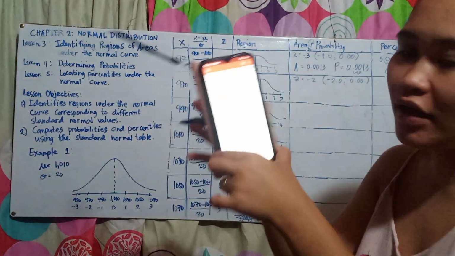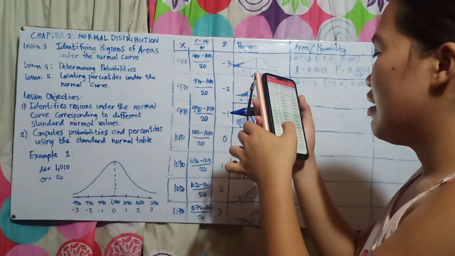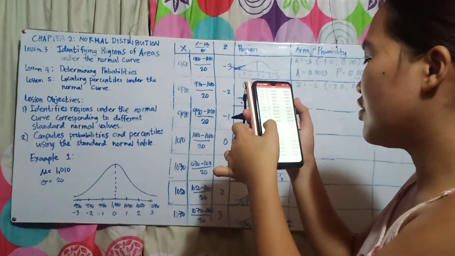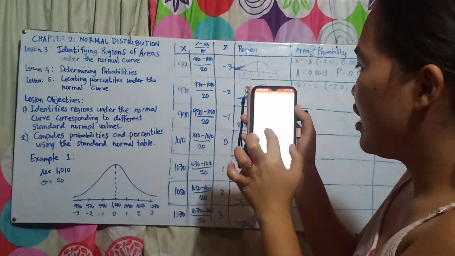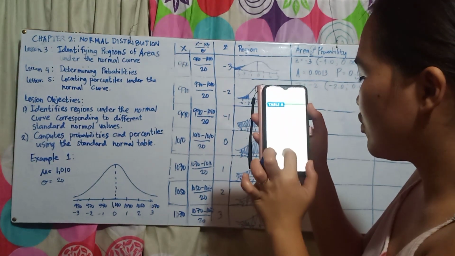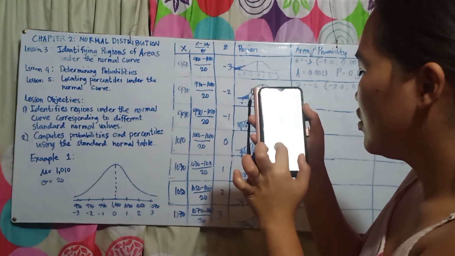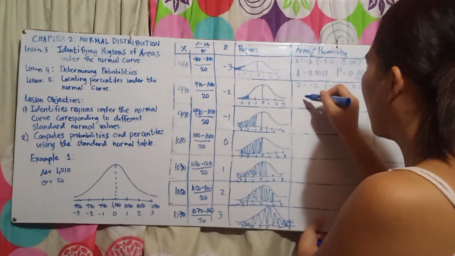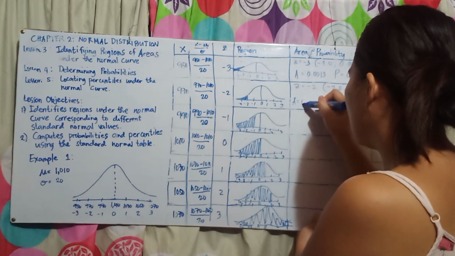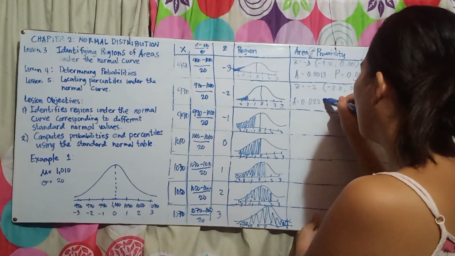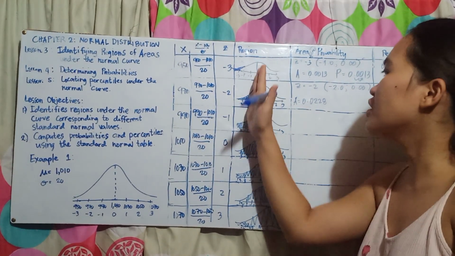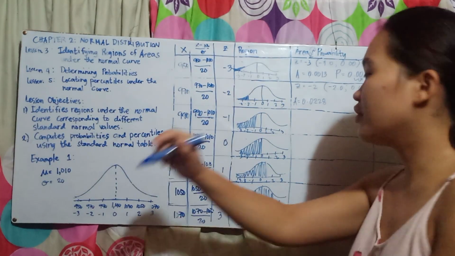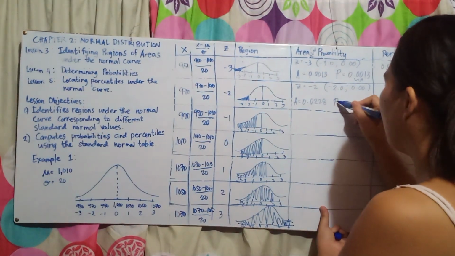So, pangitaon nato diri sa table, ang negative 2.0, o ari lang, and 0.00 karia. So, kung asa siya nabilong, 0.0228. So, ang area is 0.0228. Since ang region niya is padulong naman dito, same iyang probability.